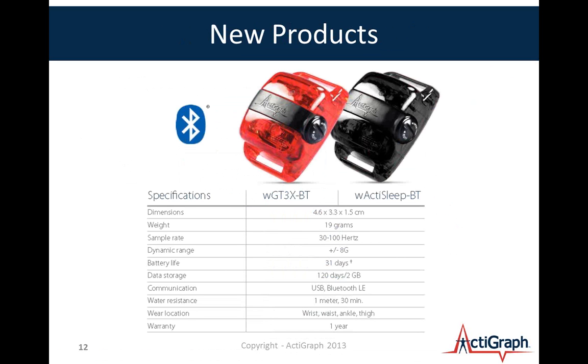Yeah, that's exactly right. We offer between 30 and 100 hertz. If you want my humble opinion, and the opinion of most folks here, we believe that human activity is limited to around 20 hertz. And so 40 hertz typically is more than enough to capture human activity. Again, that's my opinion. I'm not publishing anything on that, but we just feel strongly about that here at ActiGraph. But the device does go up to 100 hertz in 10 hertz increments, and so it's at your discretion.